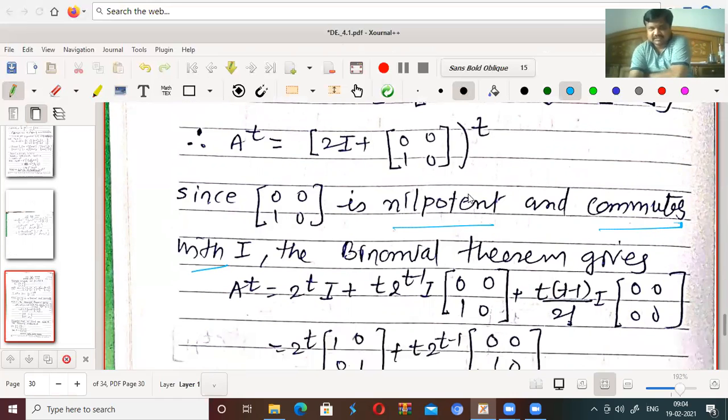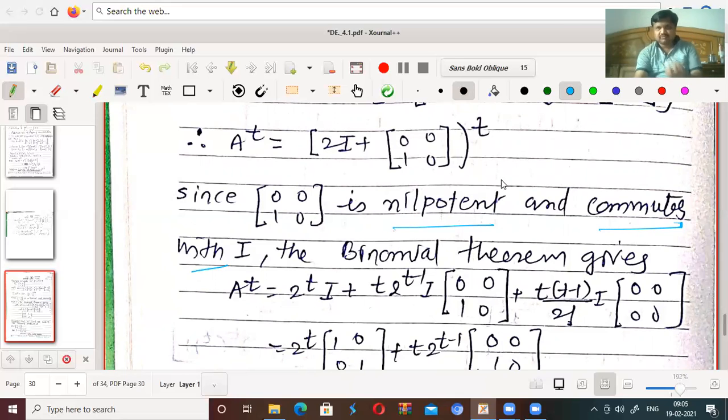nC1, that is tC1, t into (2I) to the power t minus 1, that is 2 to the power t minus 1 into I, into this second matrix, plus tC2, t into t minus 1 by 2 factorial, (2I) to the power t minus 2.